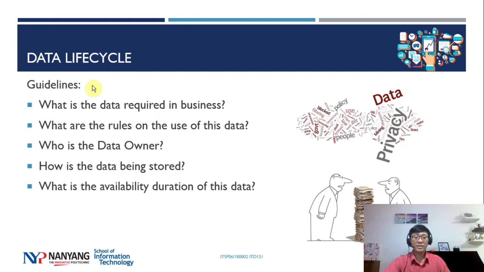And even then, you also need to look at who can use the data, who can see the data, right? So that's where you come about the rules to use this data. Some data are sensitive, such as what? Your personal data. That's why you have the Personal Data Protection Act.